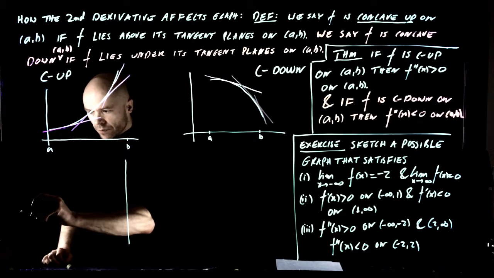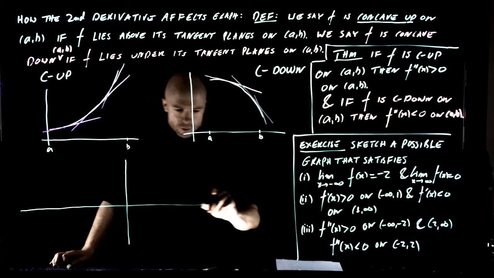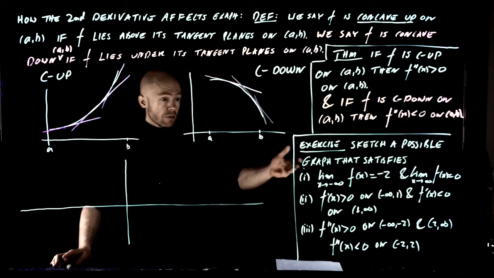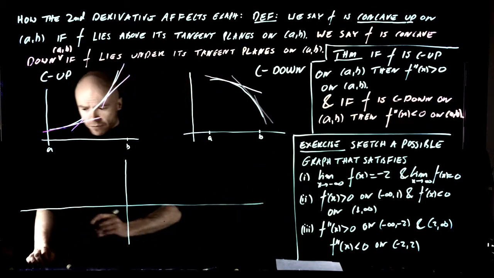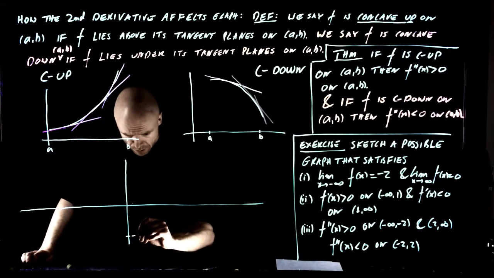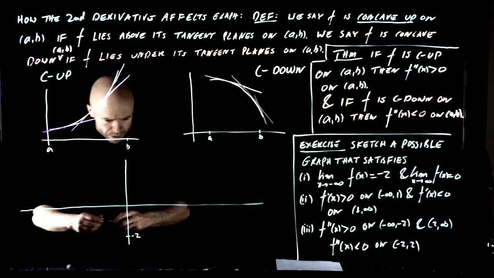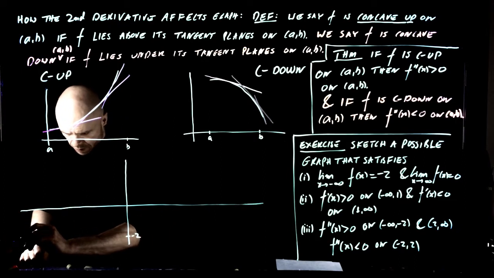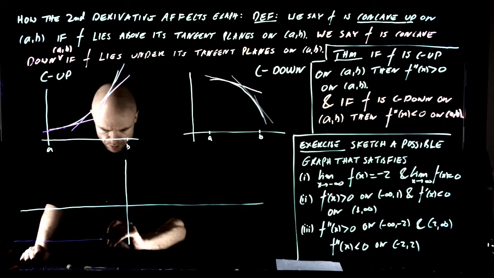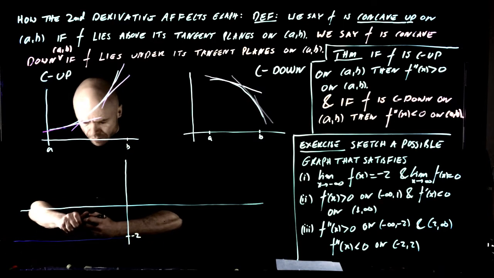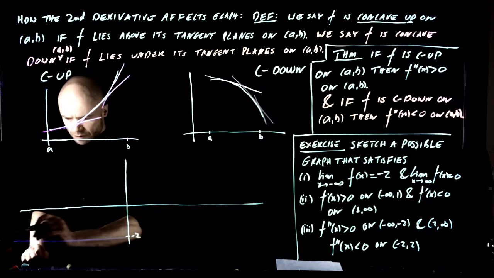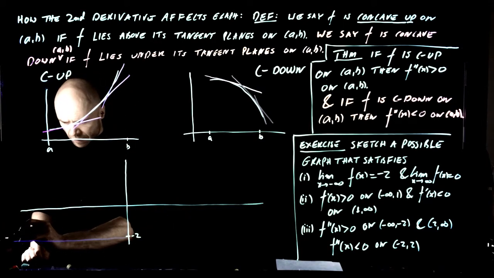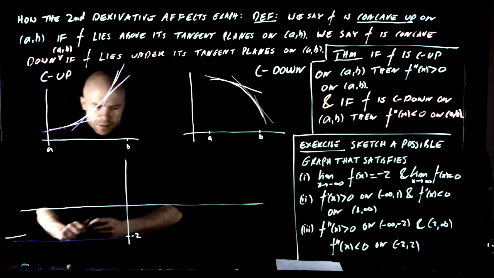So let's start to block in the very rough features that we get from the 0th order information. So the horizontal asymptote as x goes to minus infinity is minus 2. So this is minus 2. So if we make this line here at minus 2, then out here, it's like minus 2, yeah?